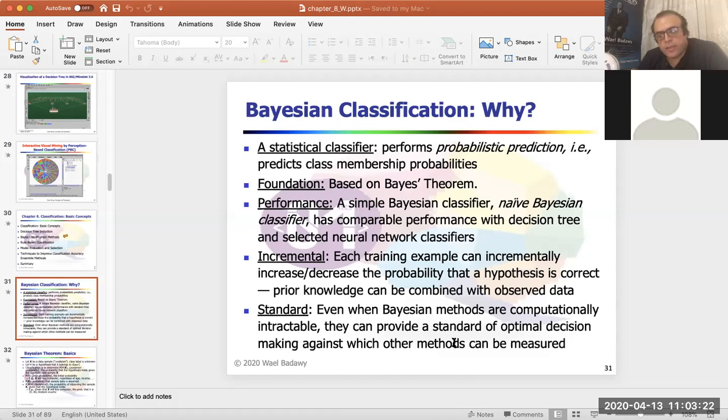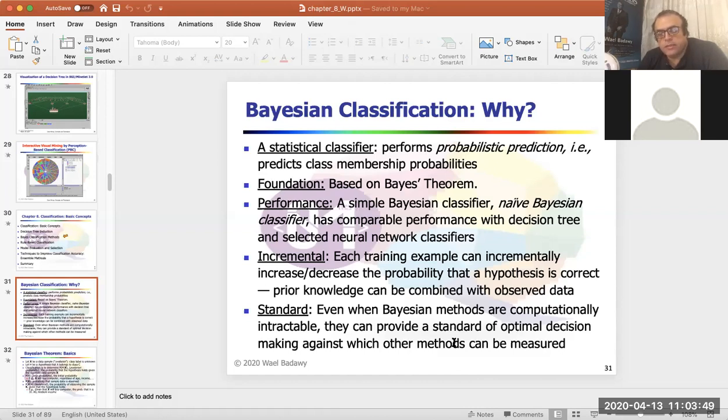You also always look at whether a classifier is incremental. Incremental means any new data that comes in will not push you to process the whole data again. So it's not recursive. Prior knowledge can be combined with observed data. This is what we call incremental. So if you are asked how you can compare these two different classifiers, it's very straightforward.